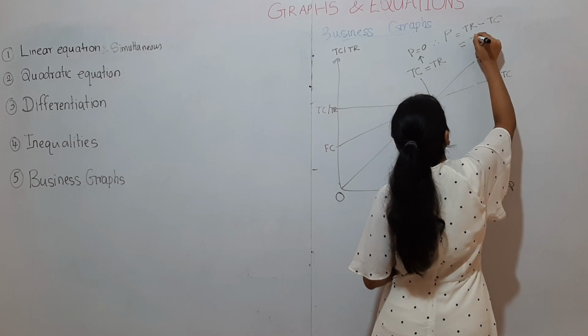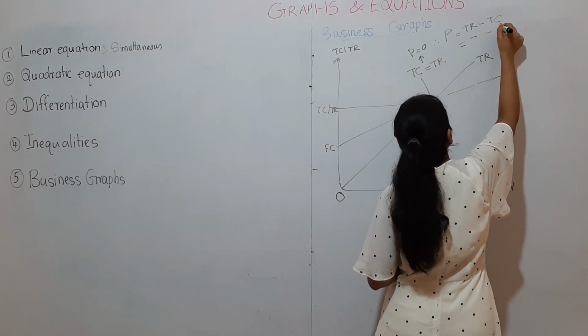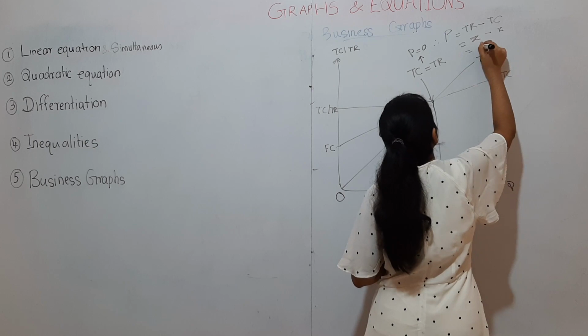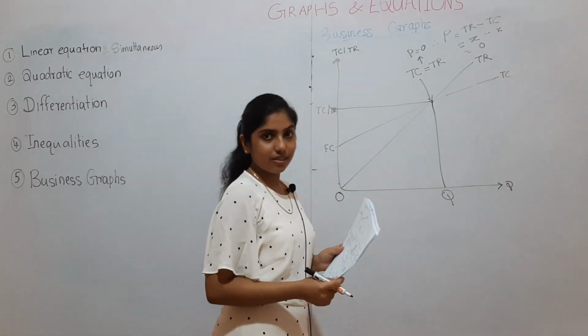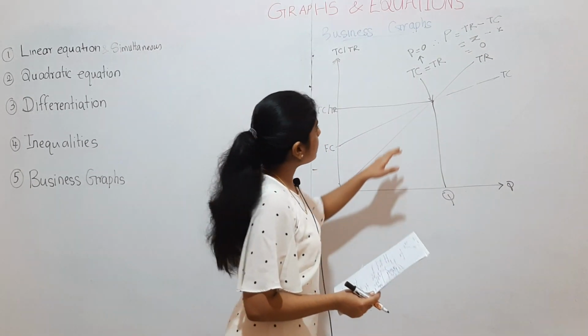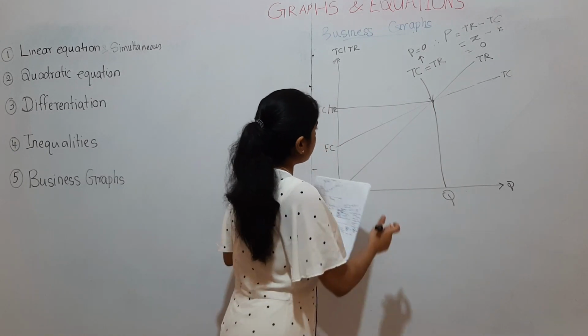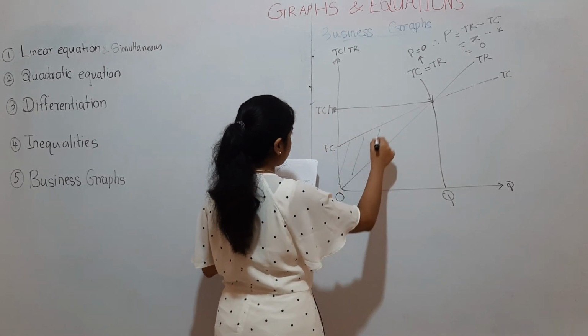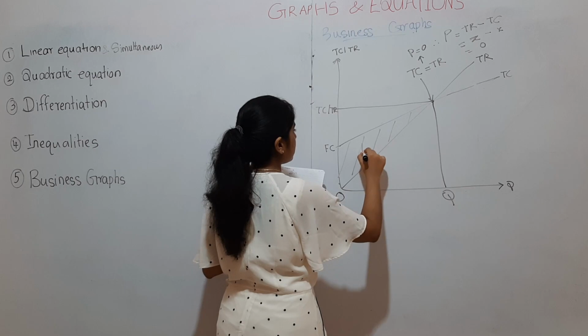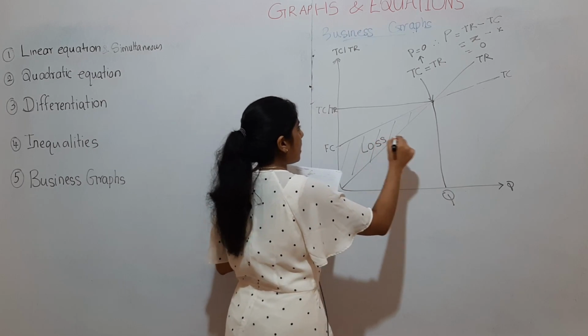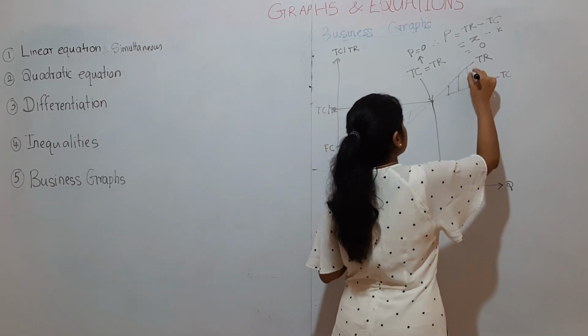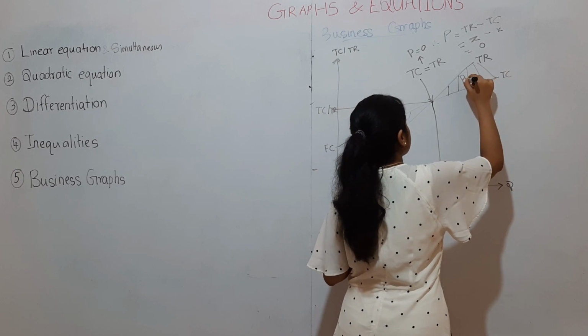If the total revenue is the same as the total cost, ultimately it will be equal to 0, isn't it? So this gap represents a loss and this gap represents profit.